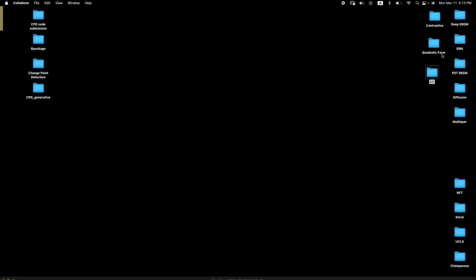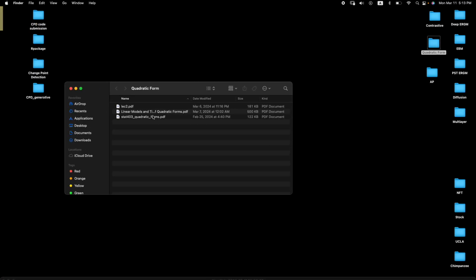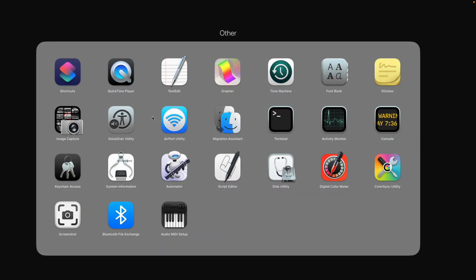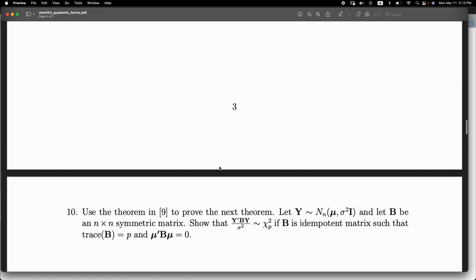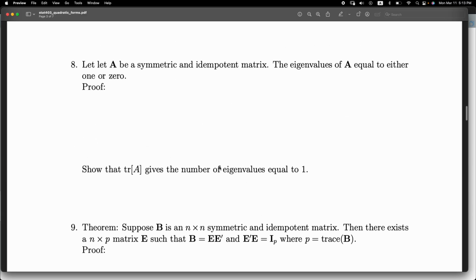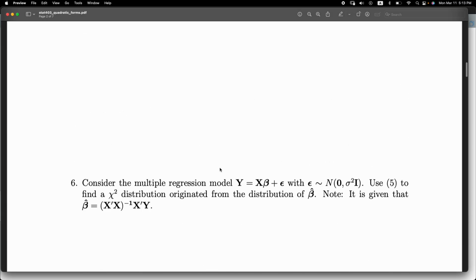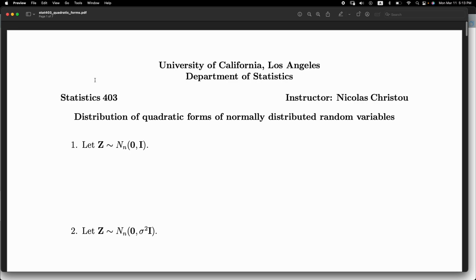Okay, then let me. So this is the name of the handout: Distribution of quadratic form of normally distributed random variables.